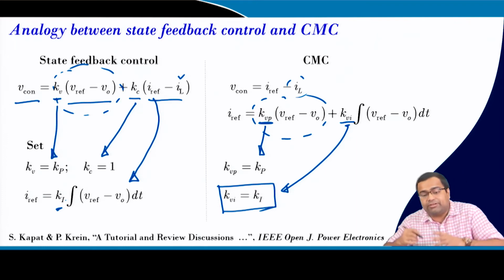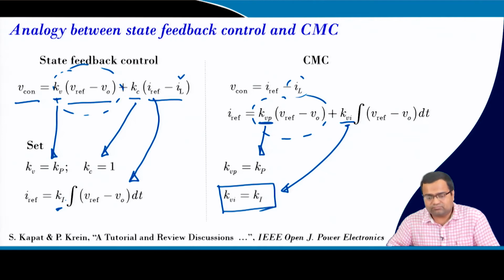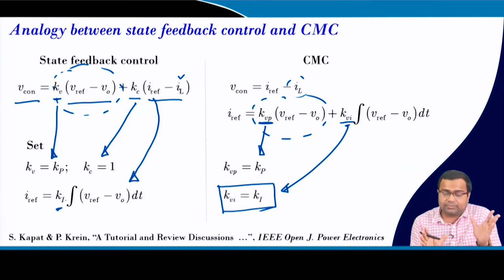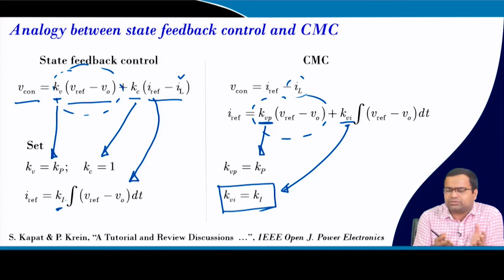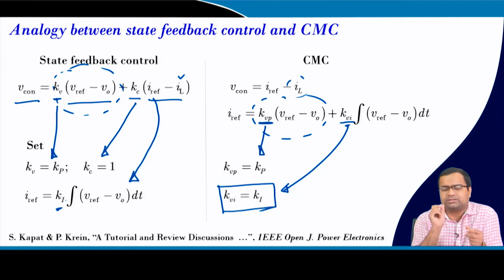Now, the question is, why do we need to do that? Because we want to use the augmented state feedback form, although it is a current mode control. I want to show in a subsequent lecture that this will give us an additional degree of freedom. In current mode control we generally use an approximate first order model for the design, in which we assume that inductor current dynamics is much faster and we just play with the capacitor voltage dynamics.